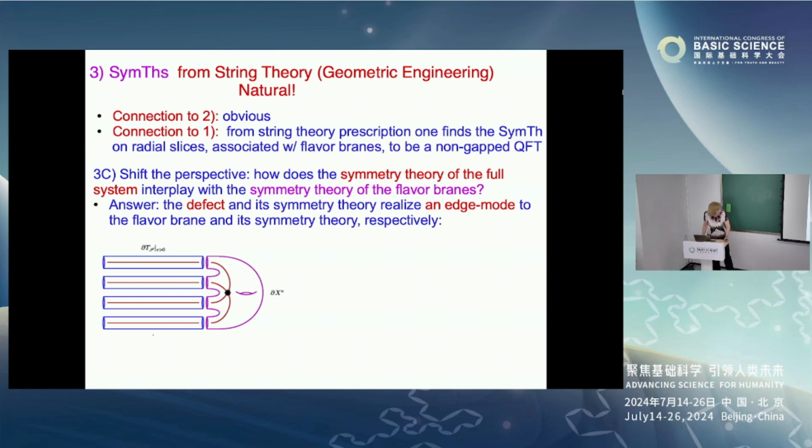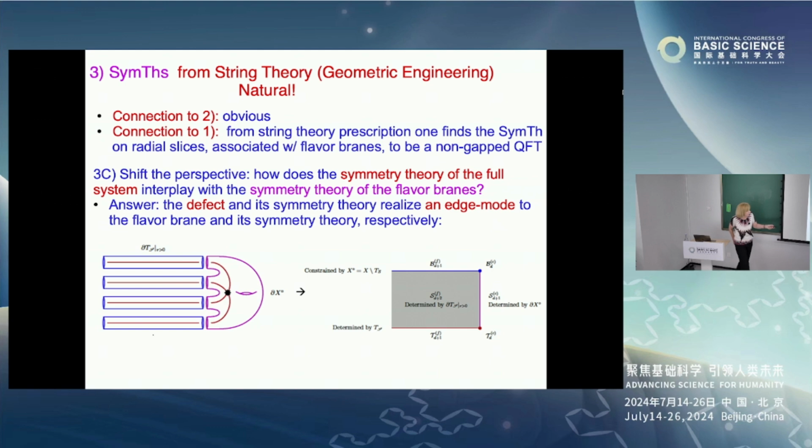And this can now be interpreted in the symmetry theory, nesting of symmetry theories, in the way that the defect that is at this intersection becomes the edge mode of this defect theory.